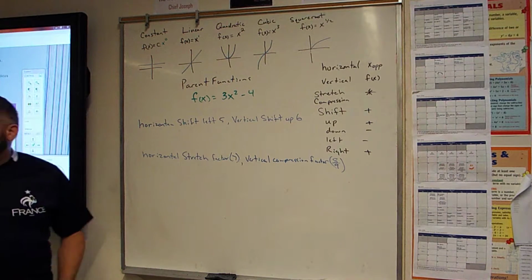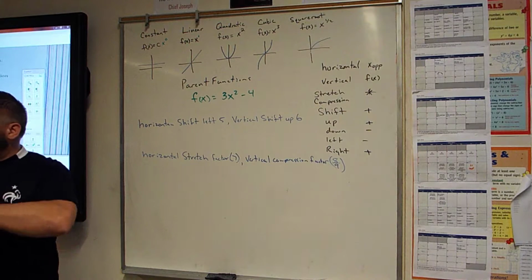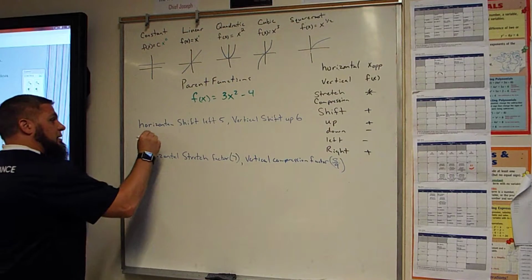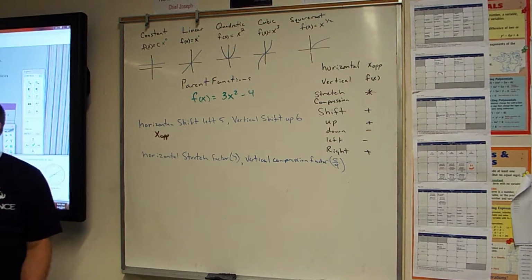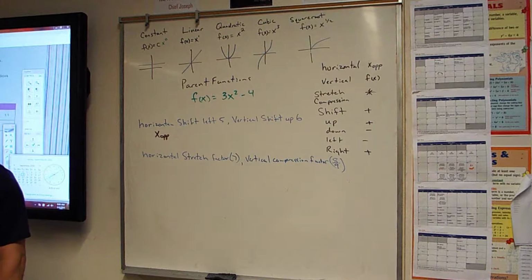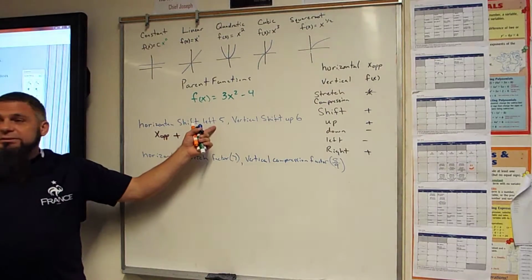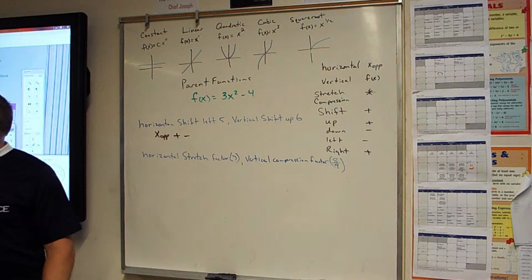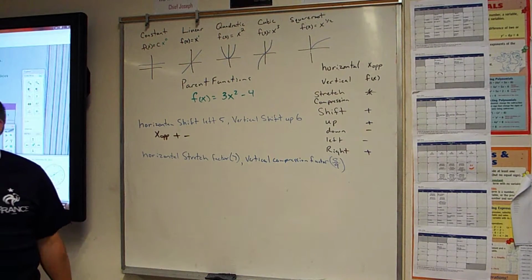This is not hard. What does horizontal mean? X what? We're talking about a function, so x, OPP, opposite. Okay? Very crucial now. What does shift mean? Plus. What is left? Negative. What is 5? It'd be 5.